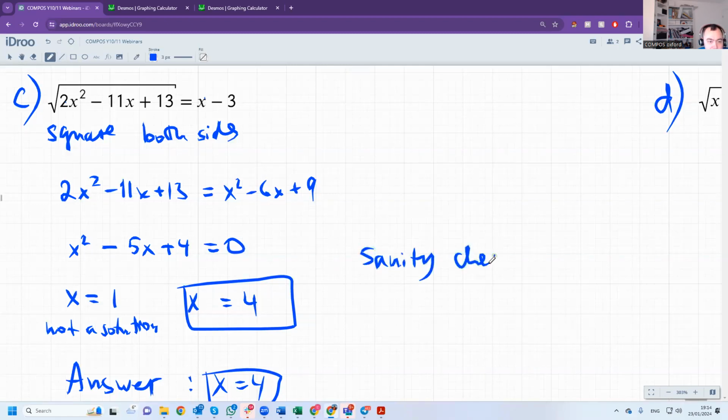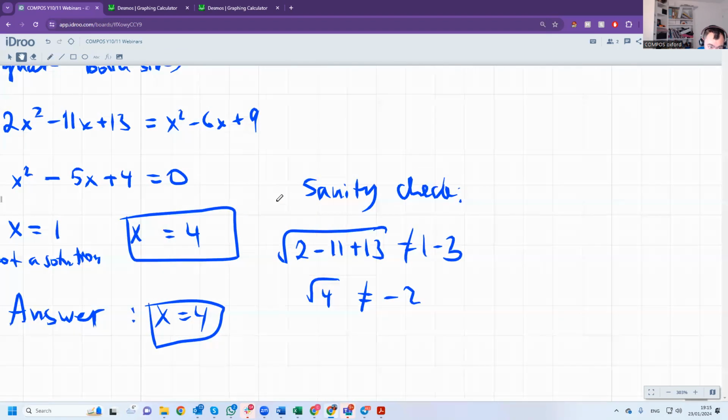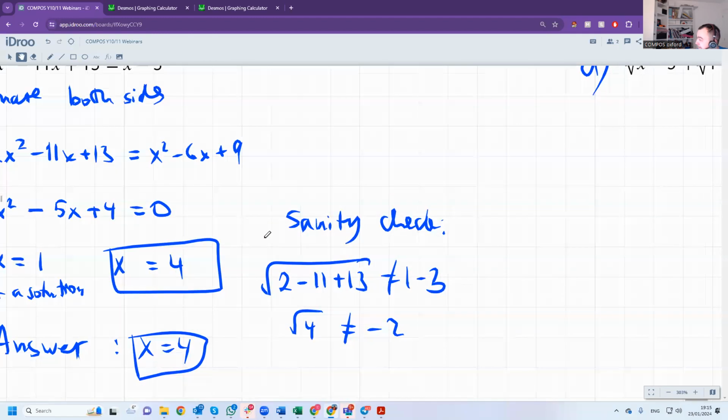Is the square root of 2 minus 11 plus 13 equal to 1 minus 3? So 2 plus 13 is 15, minus 11, that's 4. The square root of 4 equals minus 2, which is not true. So minus 1 is not a solution, but 4 is.